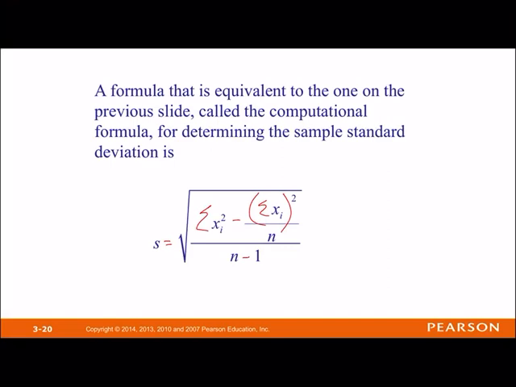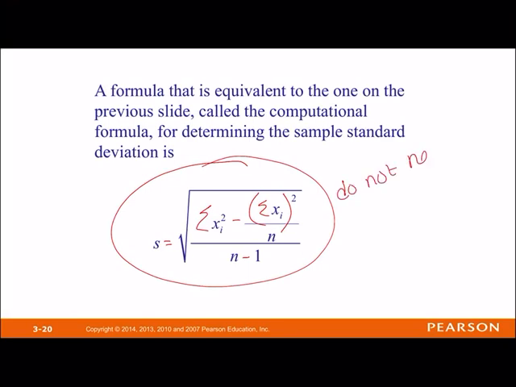Again, this formula is slightly different than the one on the previous slide, and you do not need to memorize this. You'll be able to look it up, or you'll be given it, but you do need to be able to look at a problem and answer the question based on that formula.